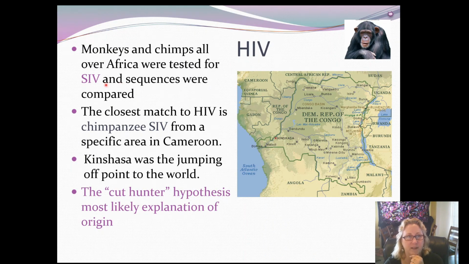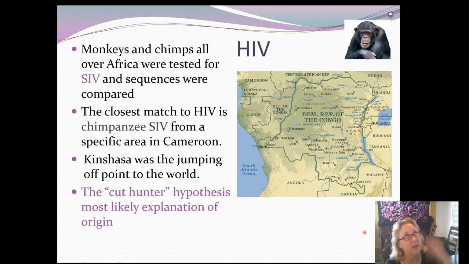And SIV affects primates all over Africa, monkeys and apes, including chimpanzees, our closest genetic relatives. So a scientist traveled around Africa collecting fecal samples from wild primates because, luckily, if a primate is infected with SIV, virus is shed in the fecal material, so you don't need to catch wild primates in order to test them for the virus.